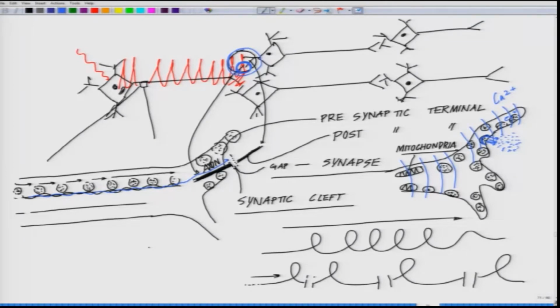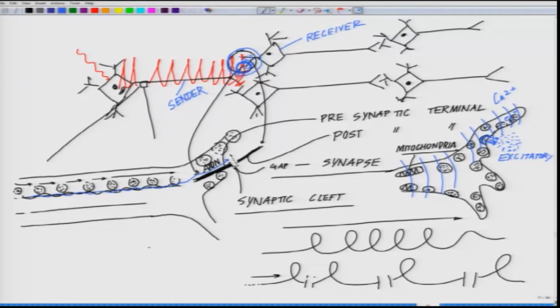Say for example, if this is the sender neuron, and for our study we are talking about the receiver neuron. So, at this location the neurotransmitters are given out. These neurotransmitters, if they are excitatory, then they will bind to this receiver neuron's dendritic terminals, right.